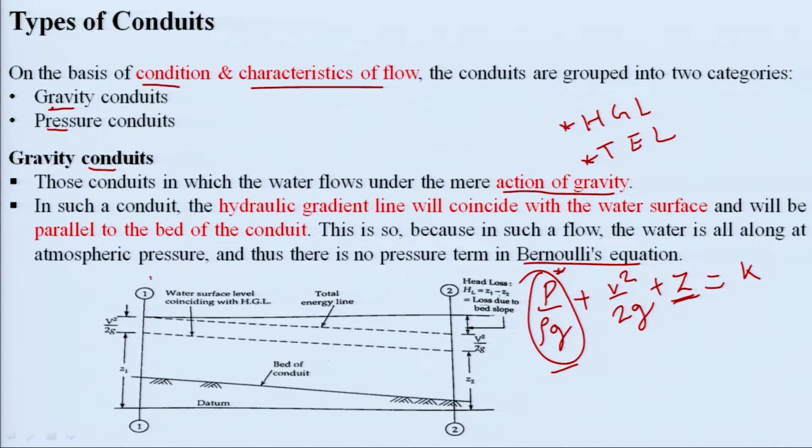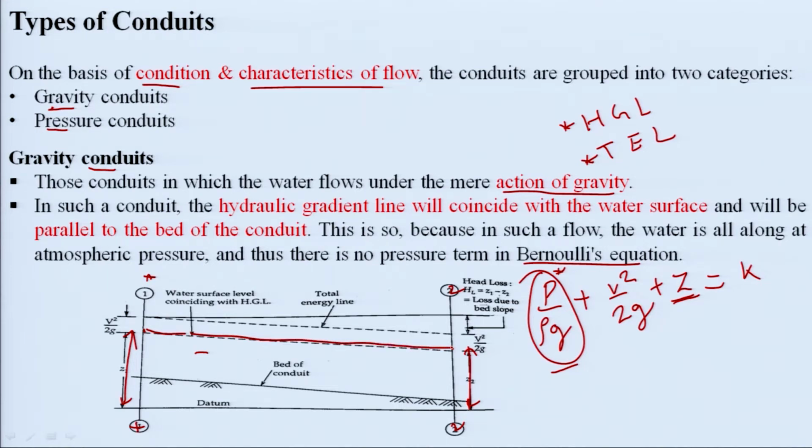At section 1 the datum head is Z1, and at section 2 the datum head is Z2. As pressure head is 0, by joining these two points we get a line that represents the hydraulic gradient line, and this line will coincide with the water level in that particular conduit.